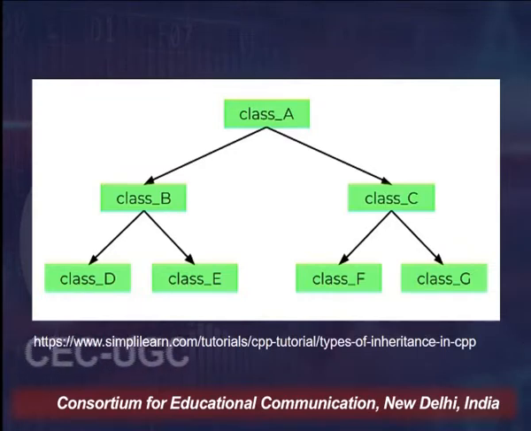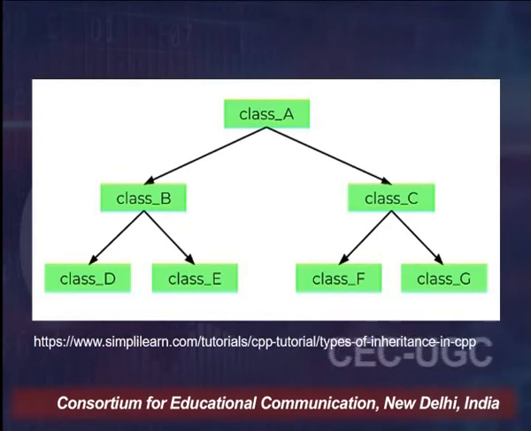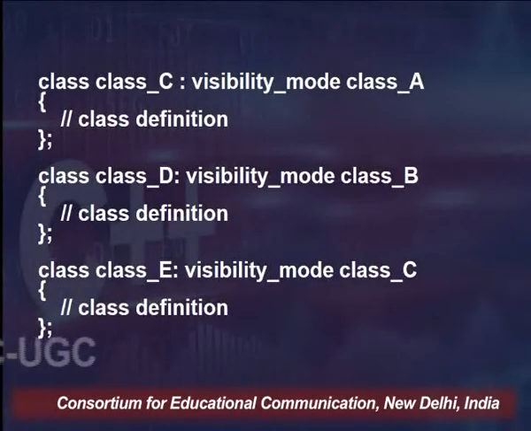So class A, then B and C derived from it, and D is derived from B, and E is derived from class C. This is the structure which we are going to take here.